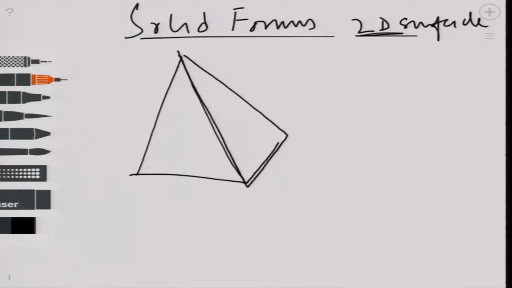So, this form is pyramidal. It is solid, it has a mass, and it is done with the help of line.